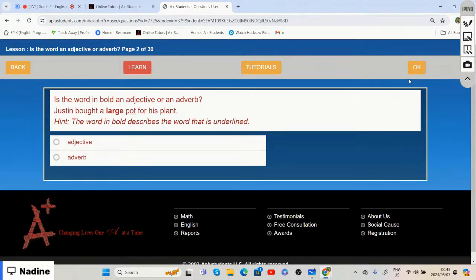Guys, your first one was correct. That is why they are underlining either the verb or the noun. So you're first going to identify the underlined word to say, oh okay, it's a noun, which means it's going to be an adjective, or it's a verb, which means it's going to be an adverb.